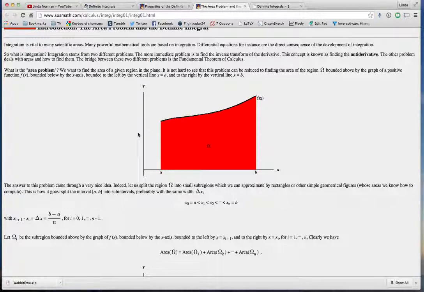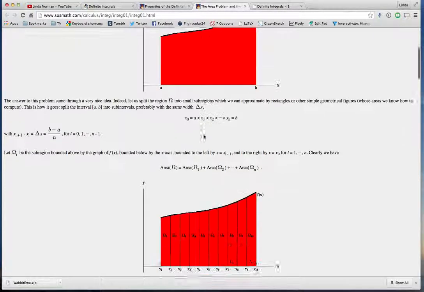A geometric structure that we can talk about the area for. And when you don't have a nice straight-line geometric function that we have a formula for, you can still find the area, or you can estimate the area, by splitting this area here, that they're calling omega, into rectangles.